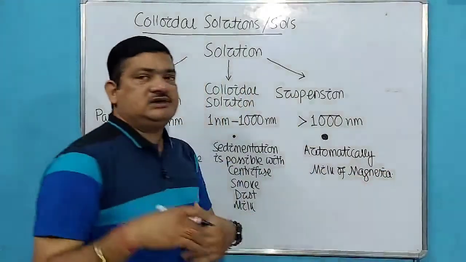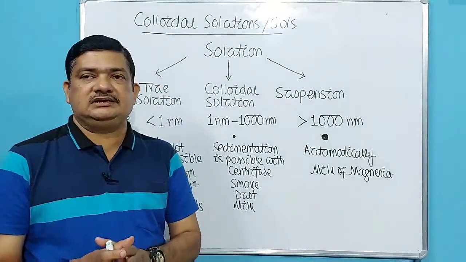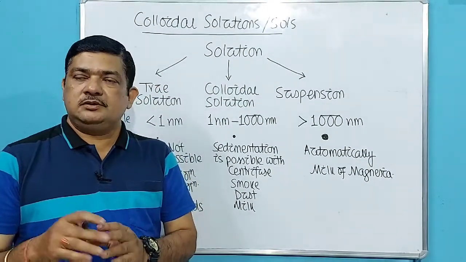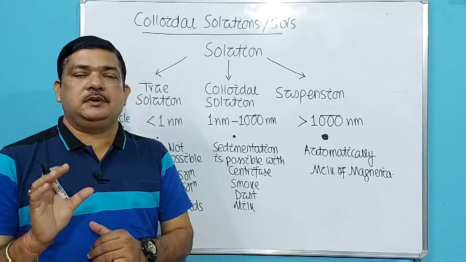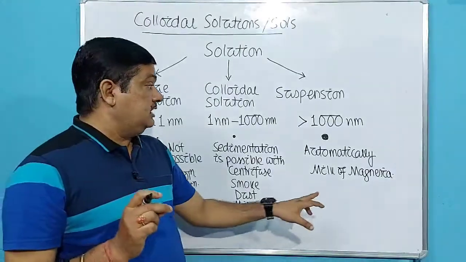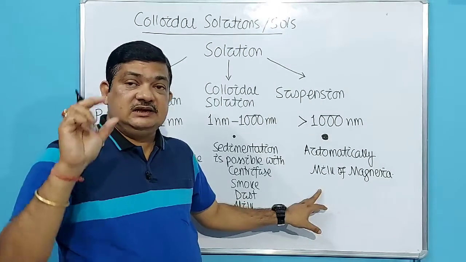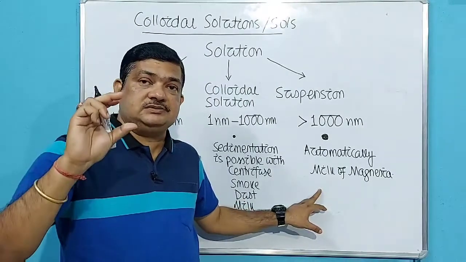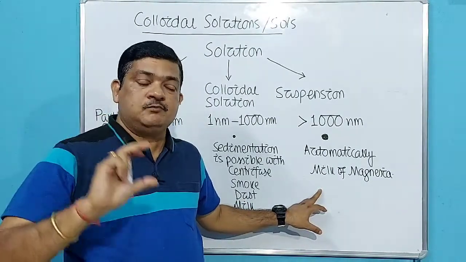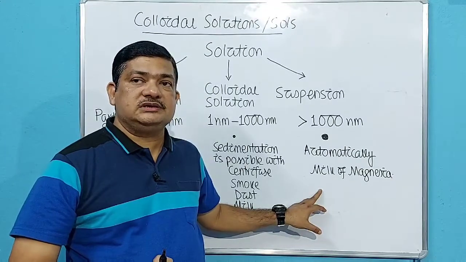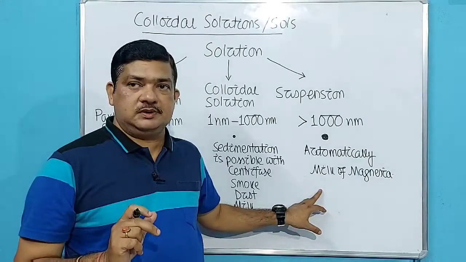Here the solid particles are larger in size. When it is kept undisturbed, it clearly forms two layers. The bottom is the solute portion, the upper one is the solvent portion.